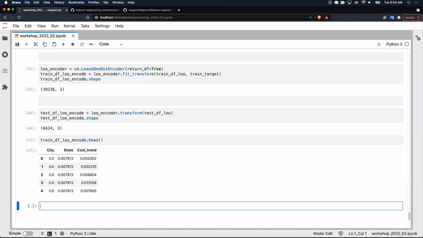There is a concern about target-based encoding leading to overfitting. The real key here is only calculate that target value on a training set and then do your evaluation on the test set. Yes, there will be some overfitting, probably small if you have a very large number of observations in the training set.